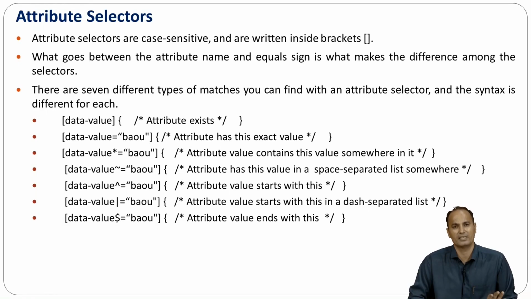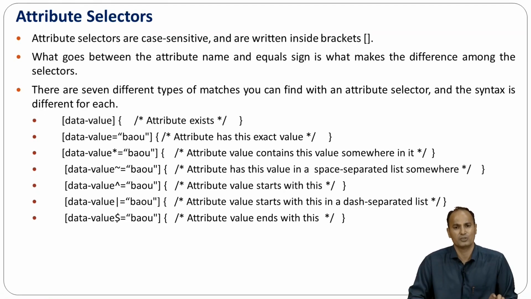Star indicates that the value must exist somewhere in the content. Then a tilde sign, equal to with tilde along with the value, indicates that this attribute has this value in a space separated list somewhere.